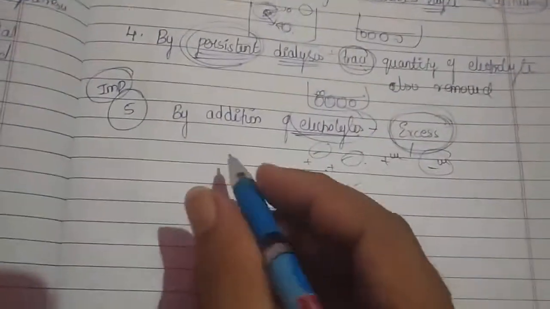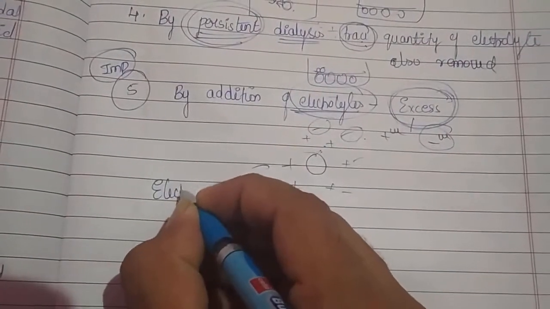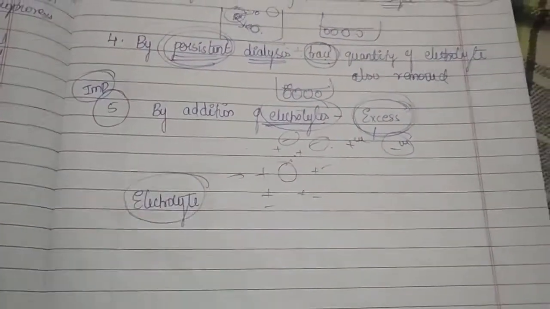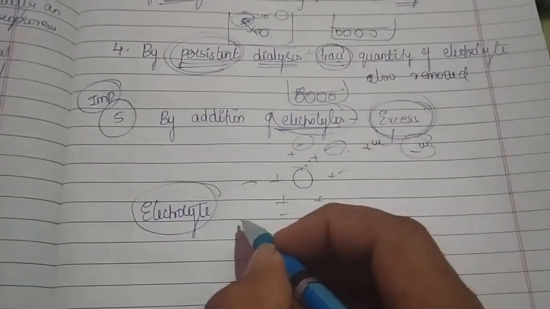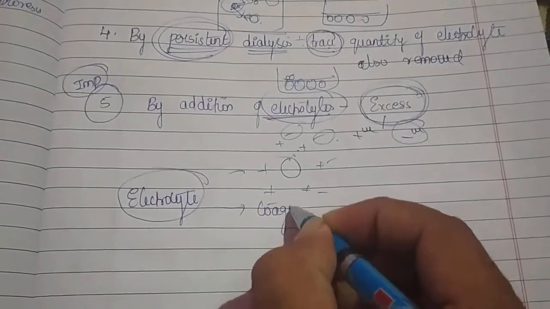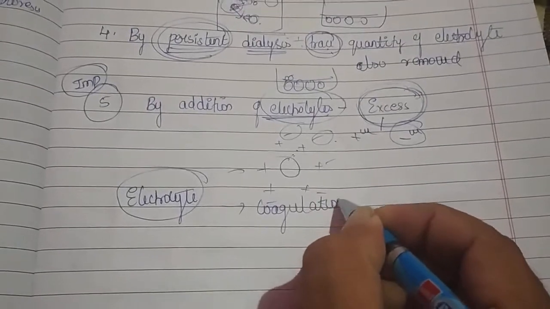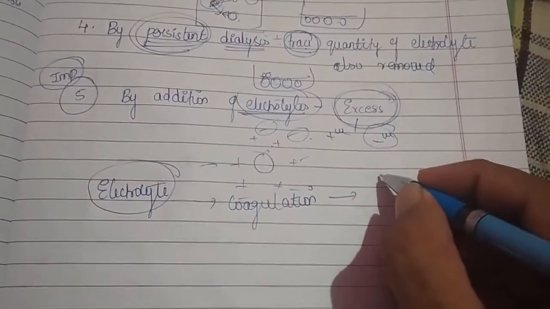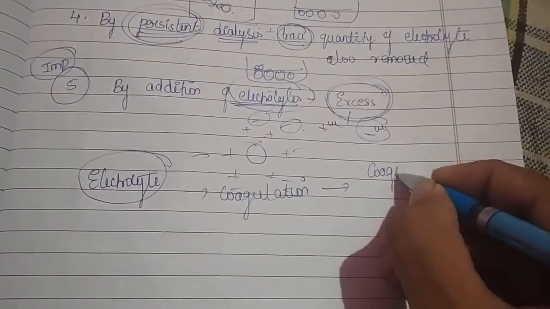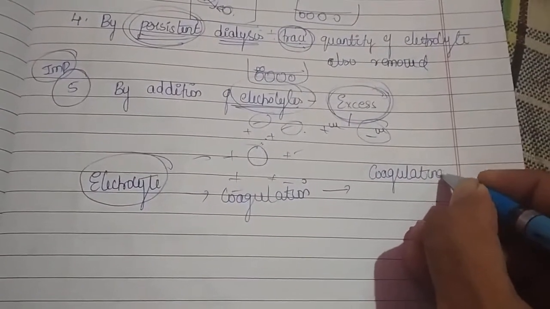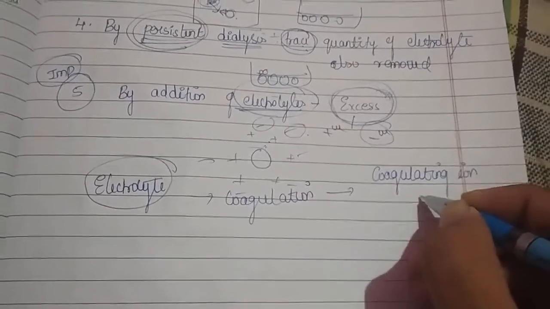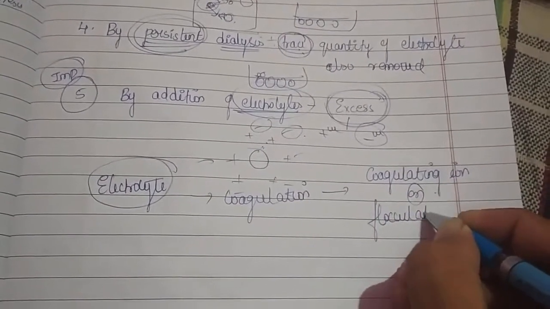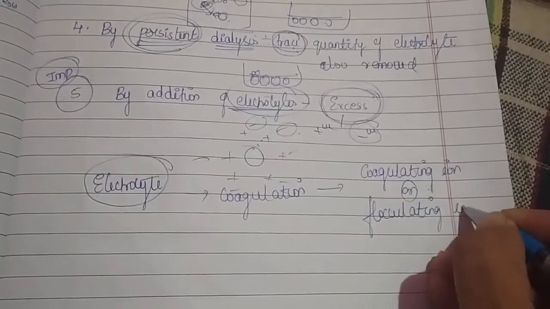Remember, whatever electrolyte we are going to add in order to cause the coagulation, such an electrolyte is called a coagulating ion, or it is also called what? Flocculating ion. It is also called a flocculating ion.